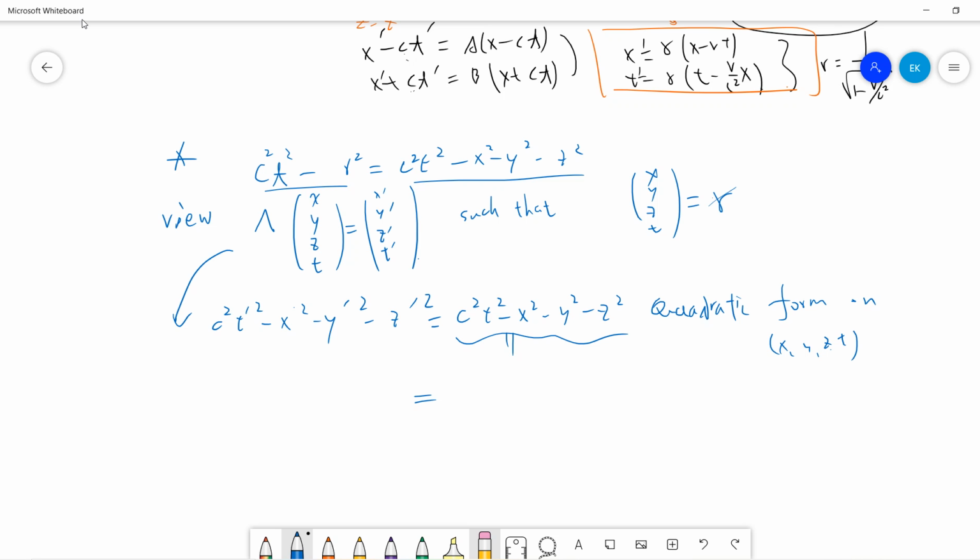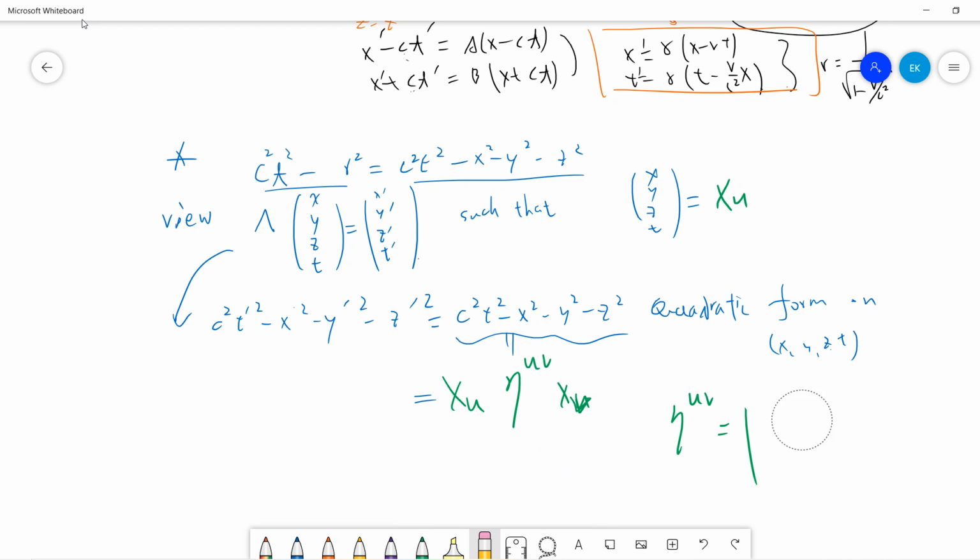Okay, maybe let's change the notation. Let's say x new, right? So this can be written as x transpose eta x, where x is here, right?